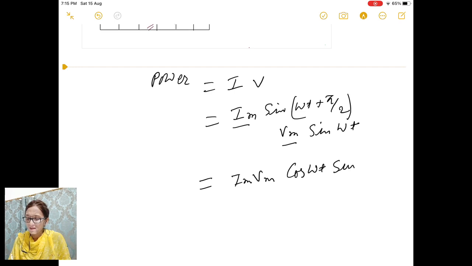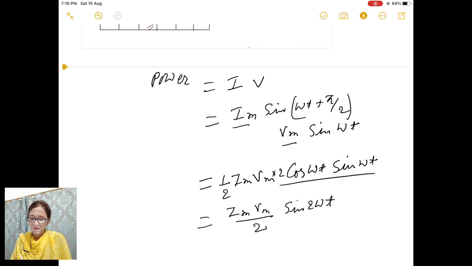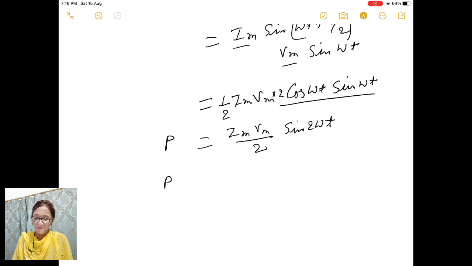So cos omega t and this is sin omega t. For simplification, I am multiplying the term by 1 by 2 and 2. So this changes into Im Vm divided by 2, and 2 cos theta sin theta is sin 2 theta, so sin 2 omega t. This is your power.